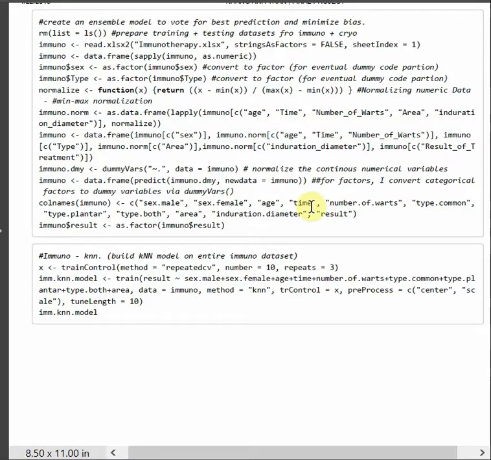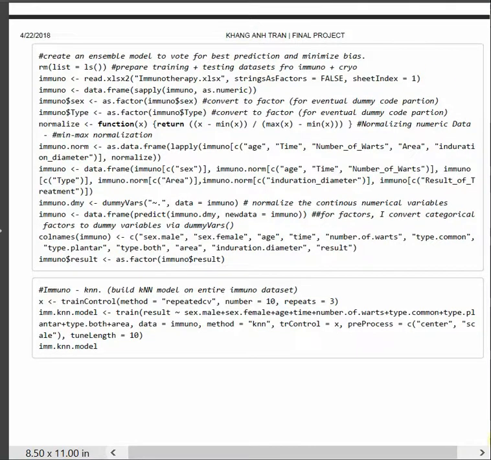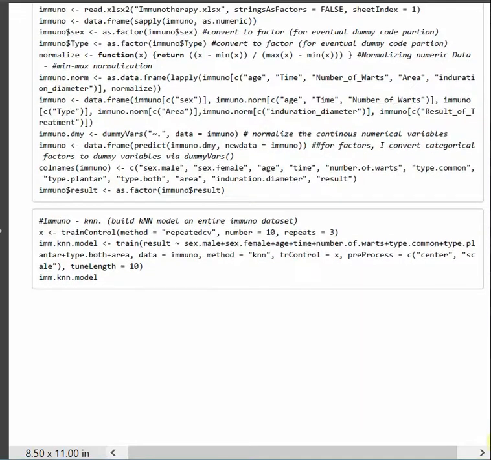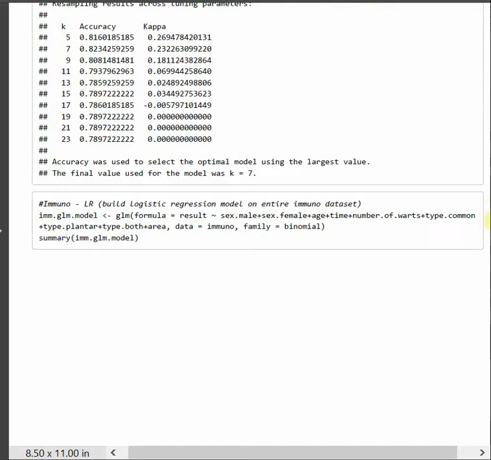So first thing I did, in order for me to create the ensemble, I loaded in the data set and I prepared it. I tried the immunotherapy data set based on KNN on the entire immunotherapy dataset. I built a logistic regression model on the entire immunotherapy dataset, as shown from the code right here.